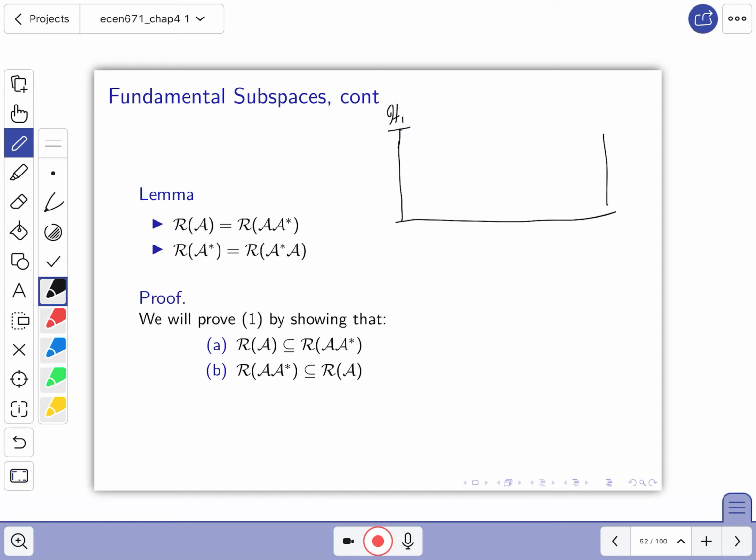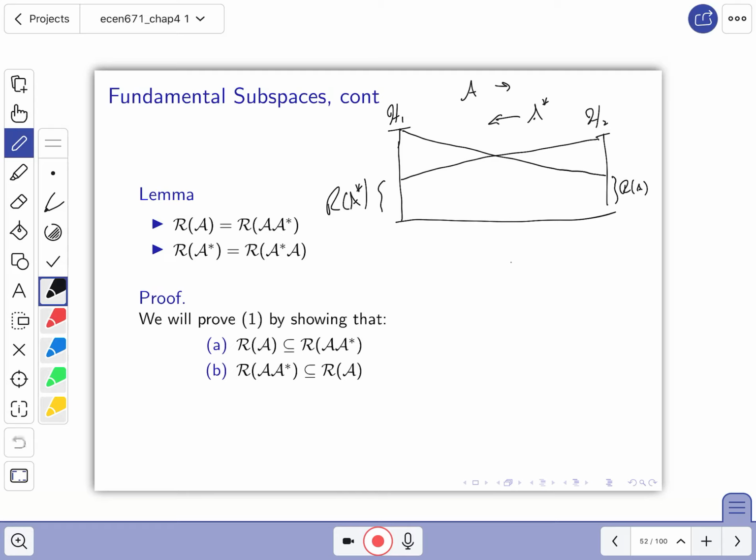This is H1, this is H2, and A goes in this direction to the range space. So this is the range space of A, and H2 comes over here, and this is the range space of A star. So A takes elements in H1 and maps them into H2, and A star takes elements in H2 and maps them into H1.